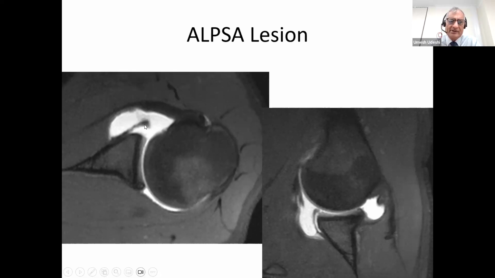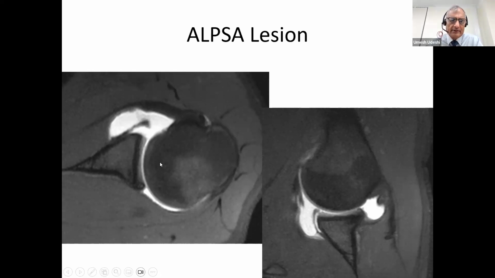So this is an ALPSA lesion or anterior labral periosteal sleeve avulsion. There's all sorts of acronyms in labral pathology or in shoulder pathology. You don't need to know all the acronyms, but you at least should describe this as an ALPSA lesion so that the surgeon knows exactly what he's going to be looking for.